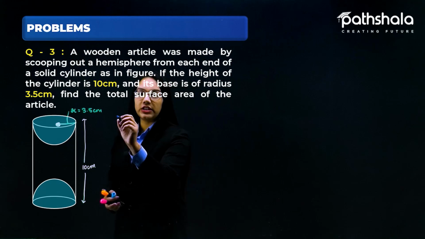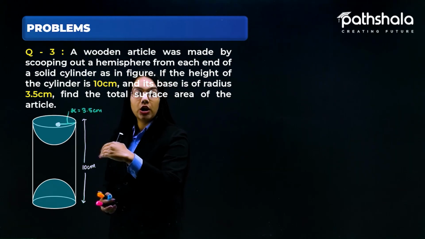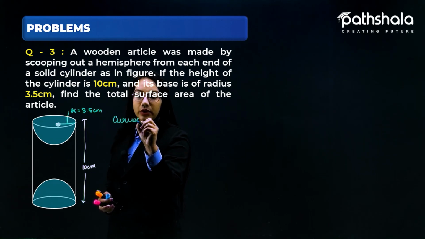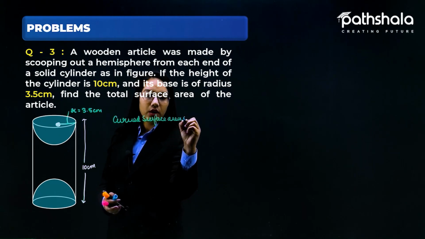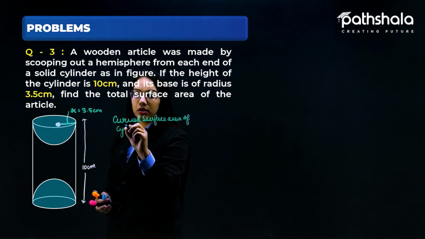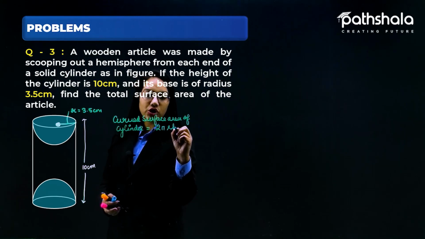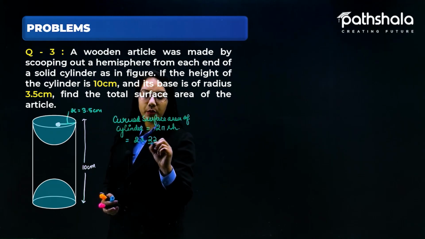First of all, we'll start with finding the curved surface area of this particular cylinder. We know that the curved surface area of the cylinder is equal to 2 pi r h. Let's plug in all the values. We know that pi is 22 by 7.